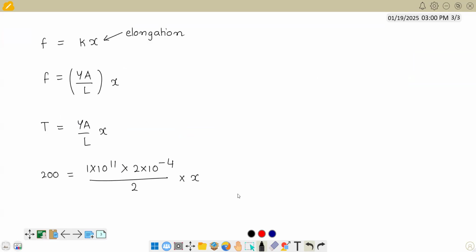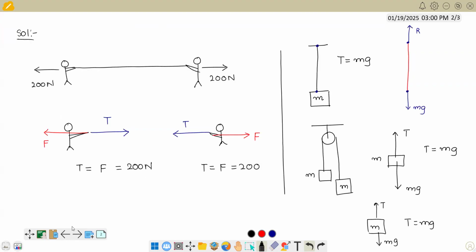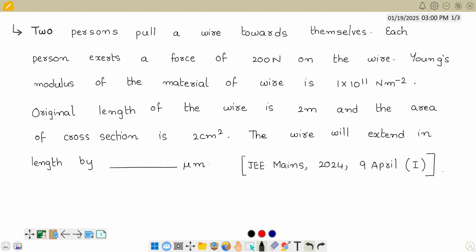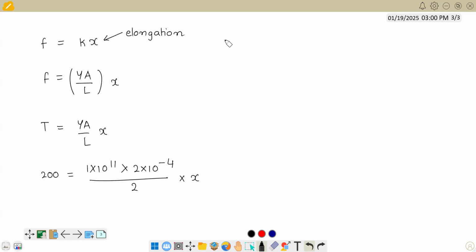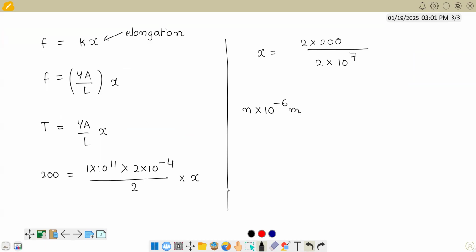If you notice, the value of x is given in micrometer. So I will tell you a quick hint while solving the problem. We get x equals 2 into 200 divided by 2 into 10 power 11 minus 4, so it would be 10 power 7. Now in place of x, directly substitute N into micrometer, because we want the answer in micrometer.